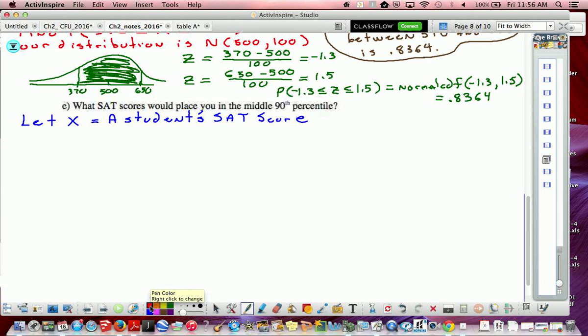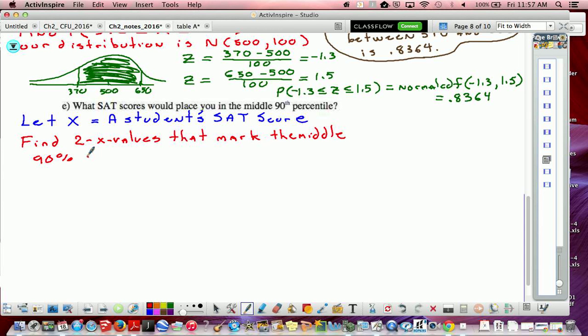What we have to do is find two X values that mark the middle 90% of SAT scores.